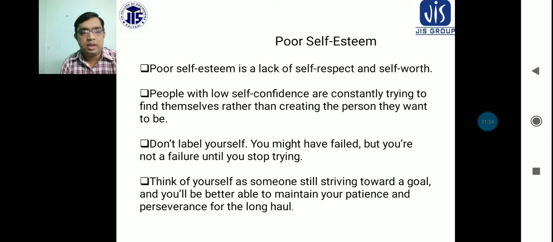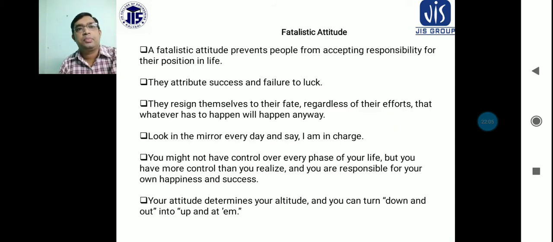Think of yourself as someone still striving towards a goal, and you will be better able to maintain your patience and perseverance for the long haul.